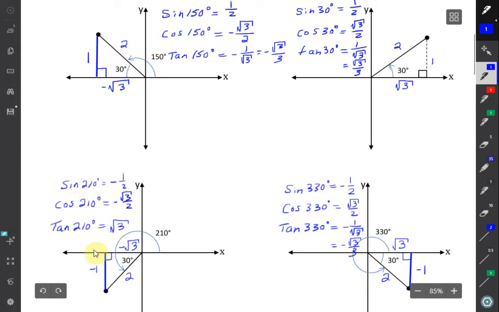So in all of these cases, the values of the angles in terms of their magnitude are the same for each of the 3 ratios. What distinguishes this set of ratios from this set and so on is the fact that there are negatives in the other sets. So this set right here are the ratios for 330 degrees.